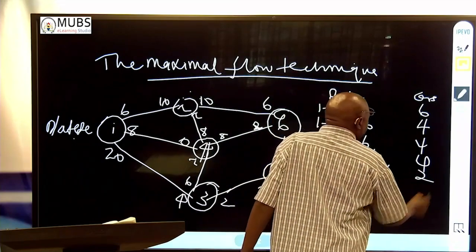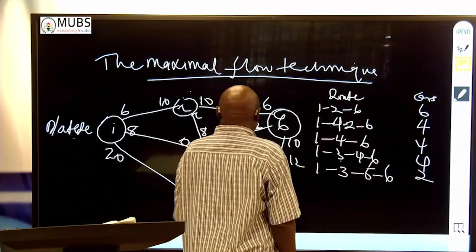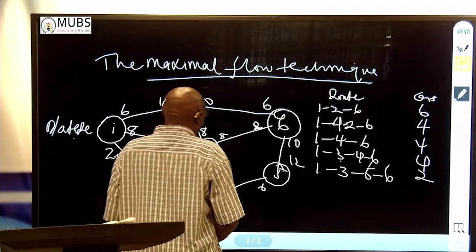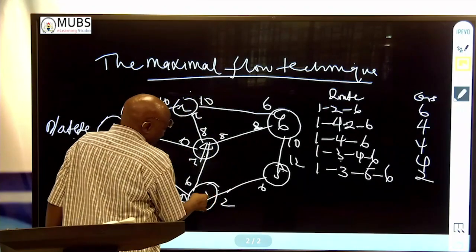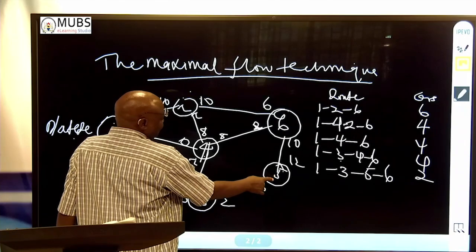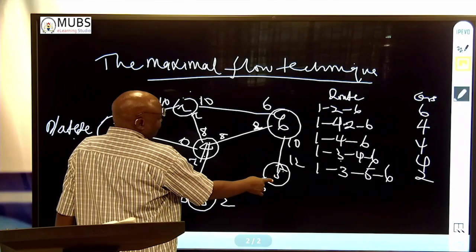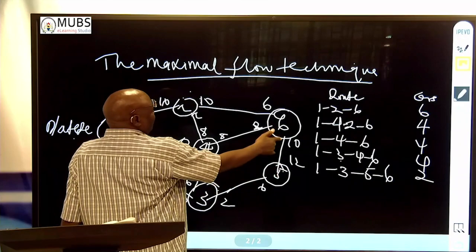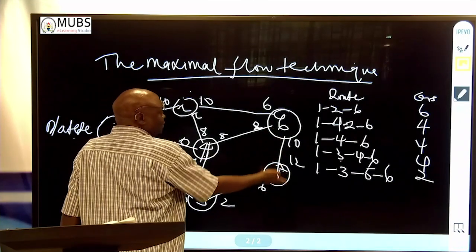These are 2 cars which can only move up the other direction. When they reach here, 12 would have been allowed, but we don't have the capacity to bring 12.